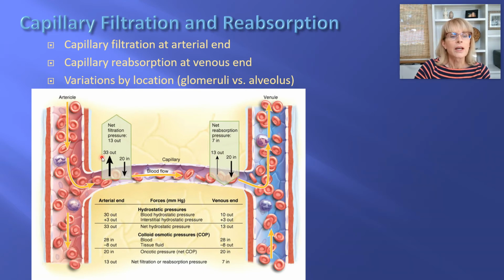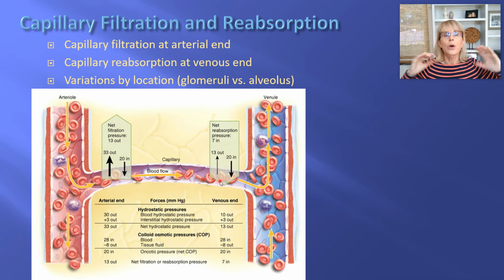At the beginning, blood pressure inside is about 30 or 33, and at the end, the blood pressure inside has dropped down to 10 or 13, okay? So the pressure pushing stuff out of the capillary has gone down. Remember, this is a tug of war, right? And what is opposing that pushing of the filtration pressure?